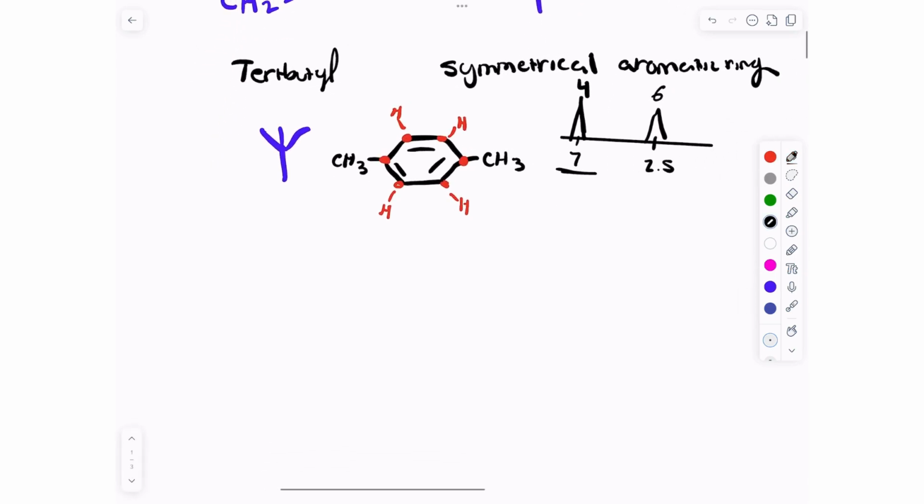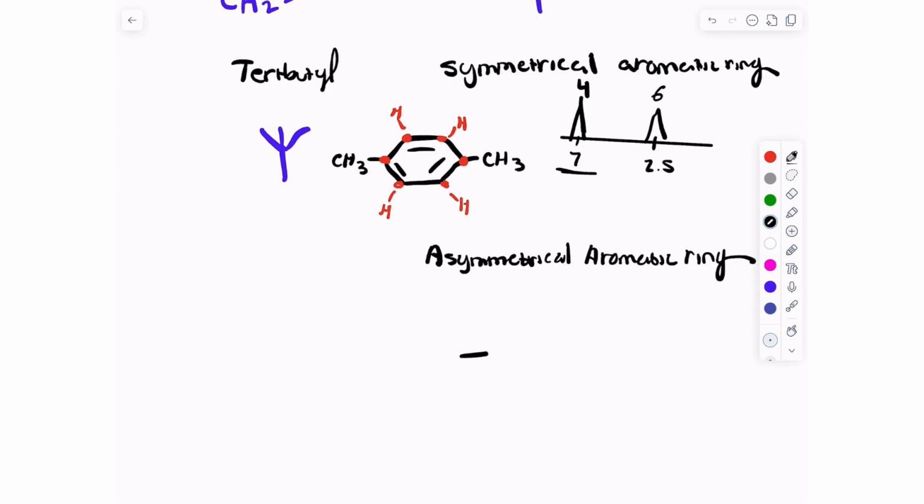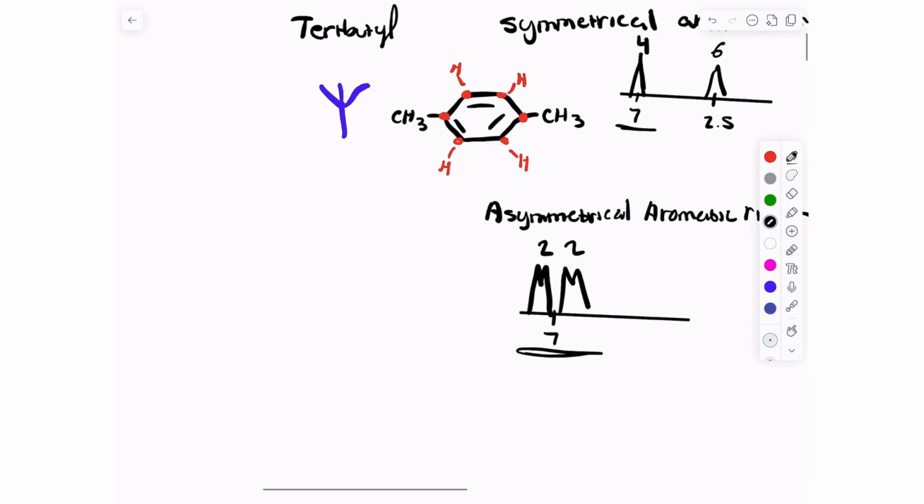The next aromatic ring to look out for would be an asymmetrical aromatic ring. When you have an asymmetrical aromatic ring, you're going to have 2 doublets with an integration of 2, again around 7. And why is this?